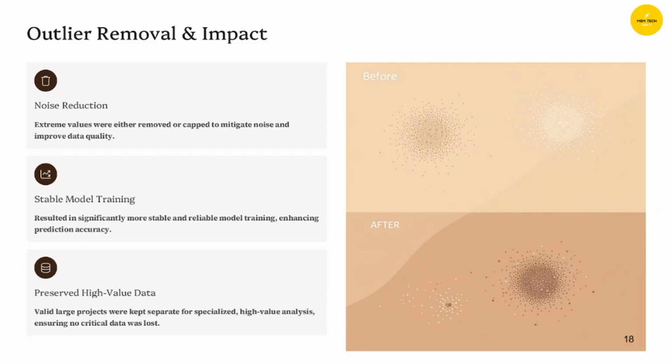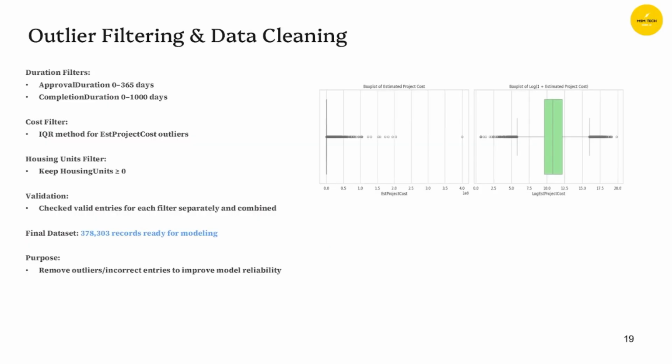It also helps stable model training, resulting in significantly more stable and reliable model training, enhancing prediction accuracy. Preserved high-valued data: valid large projects were kept separate for specialized high-value analysis, ensuring no critical data were lost. So there are several outlier removals I need to do here.